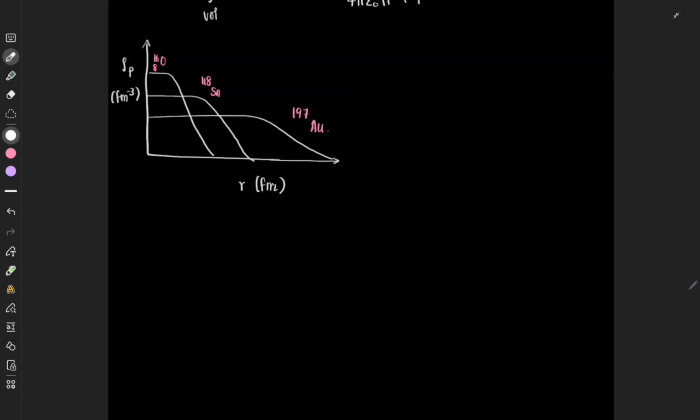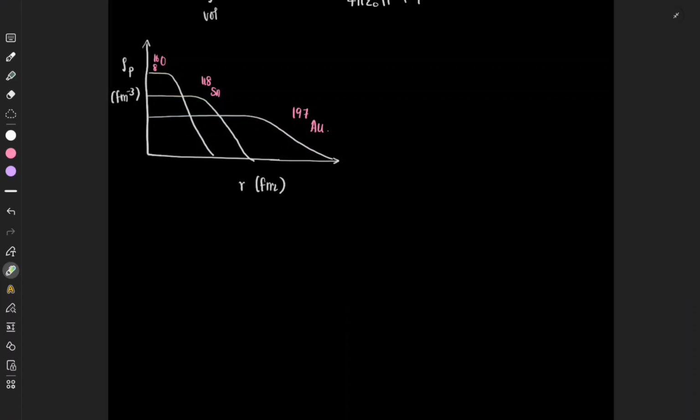Here the smooth decrease in the peak shows there are no sharp nuclear boundaries. You can see there's a smooth decrease, and the key observation is that the charge density is nearly constant near the center and then decreases. The decrease is smooth because there's no sharp nuclear boundary.